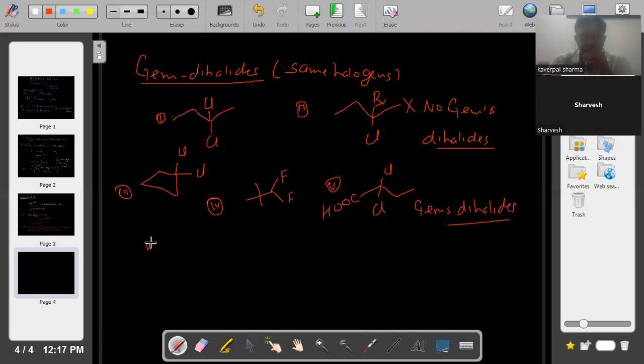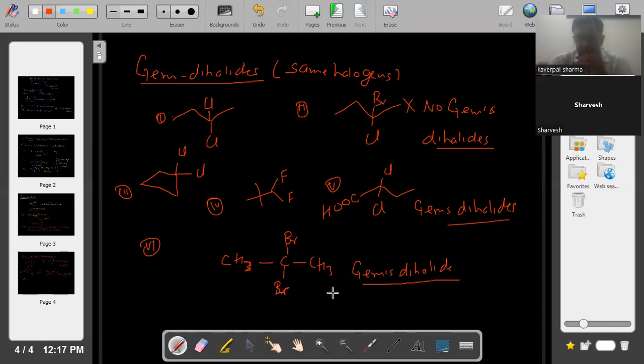One more example. CH3, C, Br, Br, and then CH3. So this is also gem dihalide, because two bromines are attached to the same carbon. But the IUPAC name will be different.